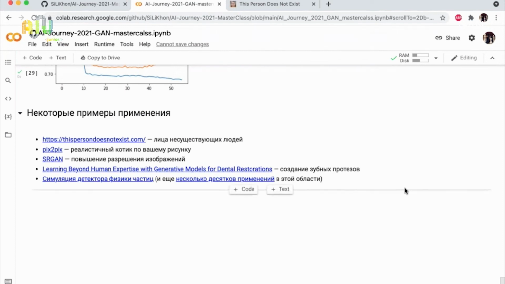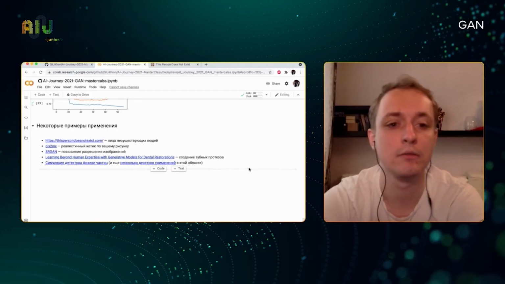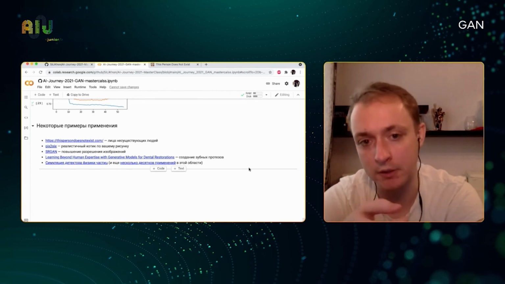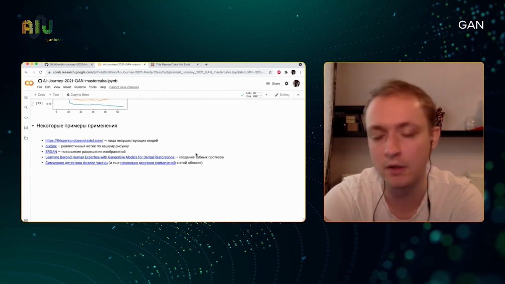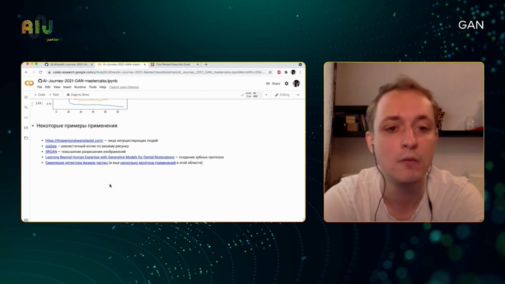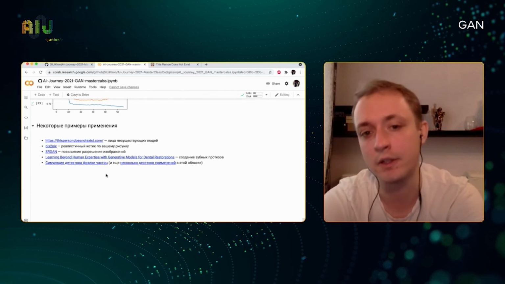There's an article about how GAN can be used to help generate dental restorations. Usually it's very time-consuming, and it's done by people. They copy real human teeth, and then do dental restorations.